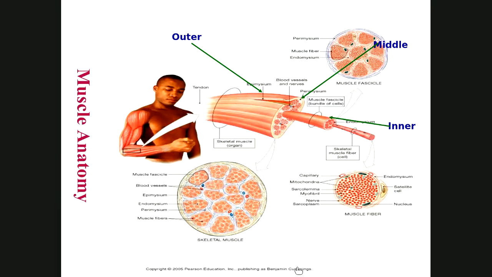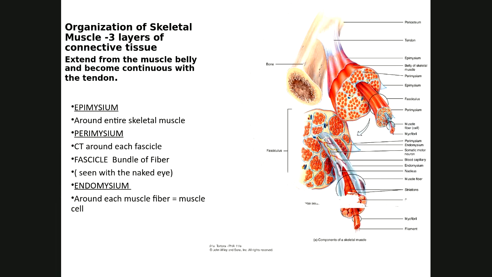So let's look at this in greater detail. The organization of skeletal muscle is in 3 layers. The interesting fact about all of these connective tissues is that they eventually all unite at the tendon, and therefore this tendon is very, very strong, with elasticity and extensibility.